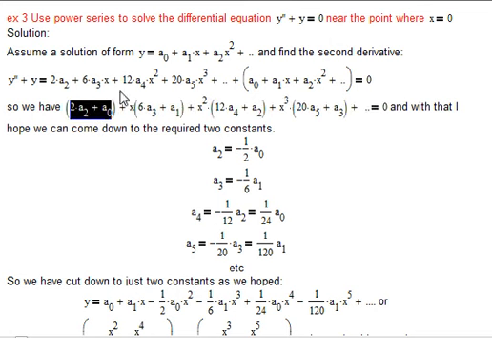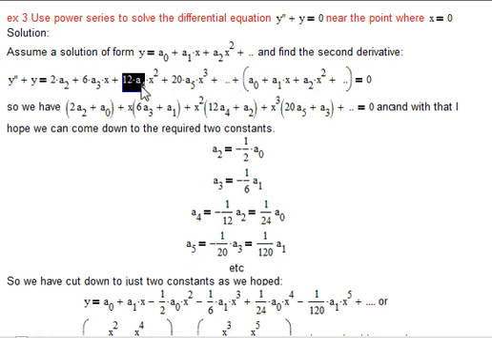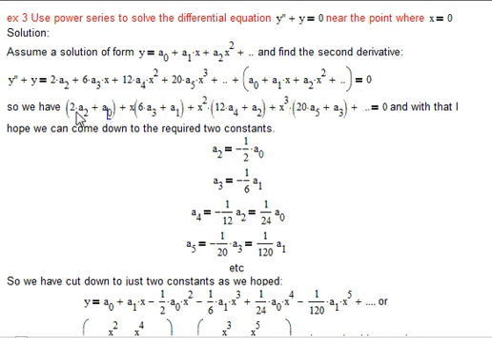And the x terms have to be equal to 0, so 6a3 plus a1 has to be equal to 0, and 12a4 plus a2 has to be equal to 0, etc. I think you can see how that's going to go. Anyway, our a2 is negative a half of a0 from this, and our a3 is negative a sixth of a1, solving this one.